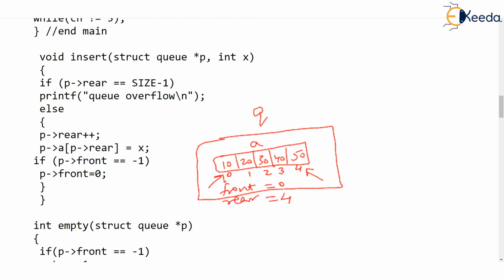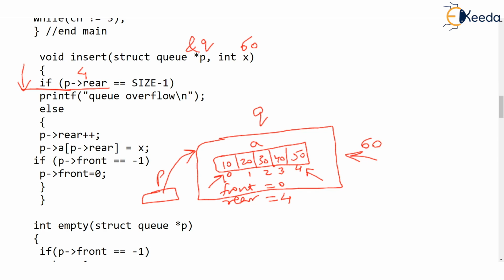And now suppose we try to insert 60, passing the address of the queue, correct? So P points to this queue. But watch that, 60 can't be stored in the queue because there is no room in the array. All the elements of the array which was of fixed size has been filled. So this if, the very first if, like a gate, is going to restrict us going to the else, because P arrow rear is 4, as you see.